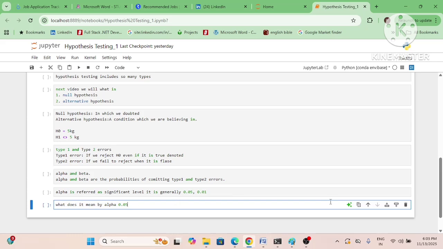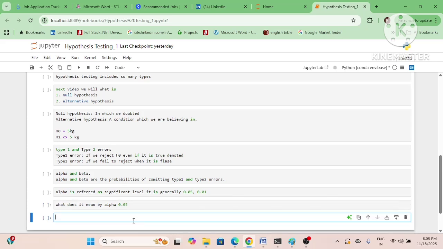Another term, p-value. The p-value is a very small significance level.